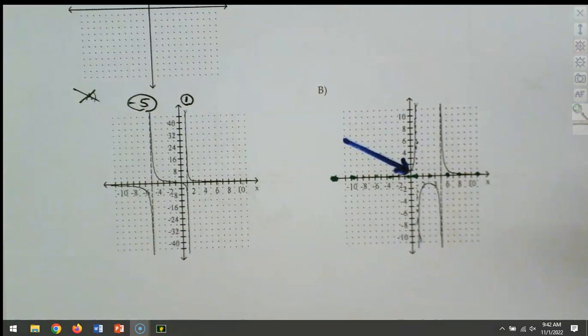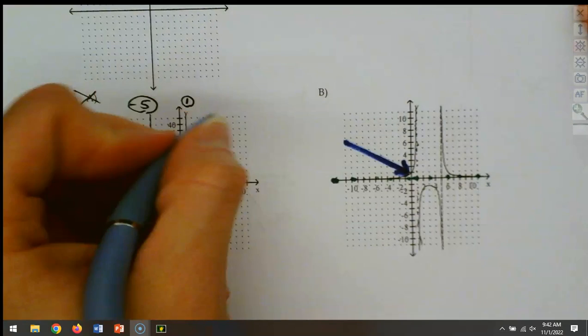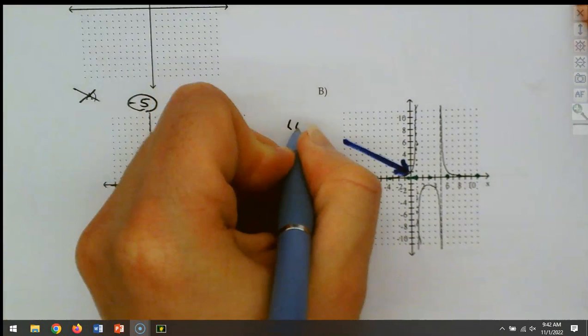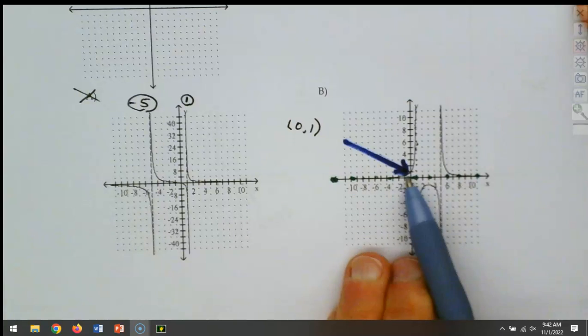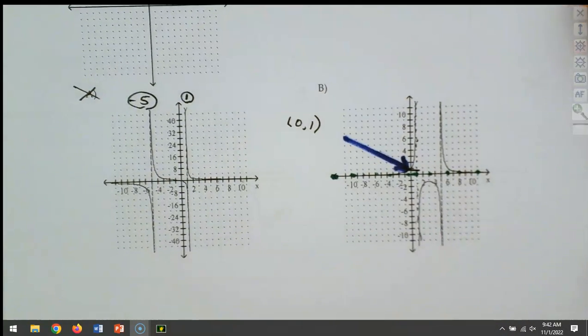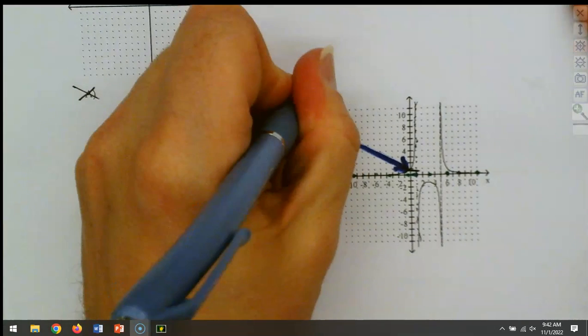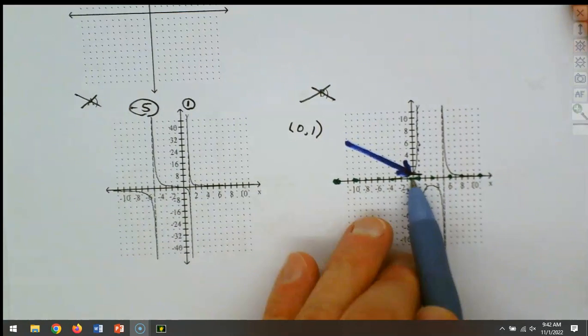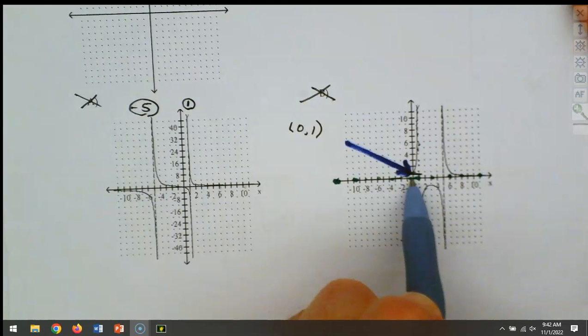The y-intercept needs to be at 0, 0. Well, this is not at 0, 0. This y-intercept is at 0, 1, isn't it? Right? Because it looks like your picture crosses right there. So what do we know about B then? B's gone. Because it has to go through 0, 0, the origin.